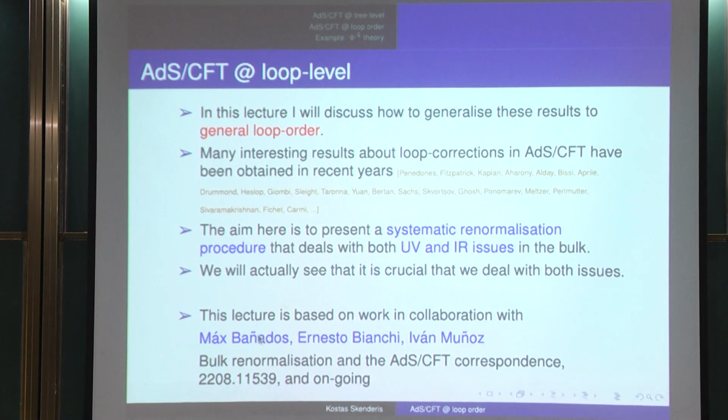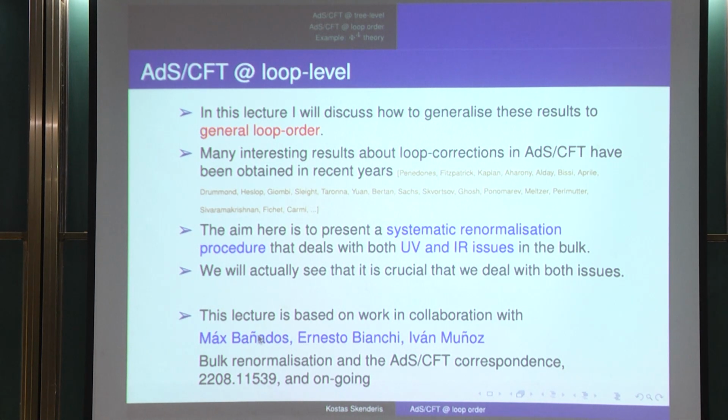In pretty much none of the previous works did people address both issues. And actually, as you will see later on, it is crucial that one deals with both issues. The only reason this has been noticed was because people knew what they wanted to get, and they would fudge their way to see what they wanted to get. If you didn't know the results, you wouldn't have gone the route they went.